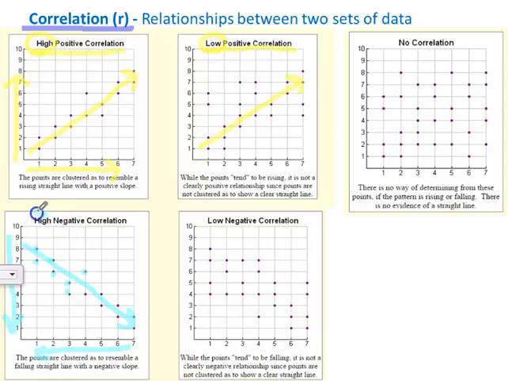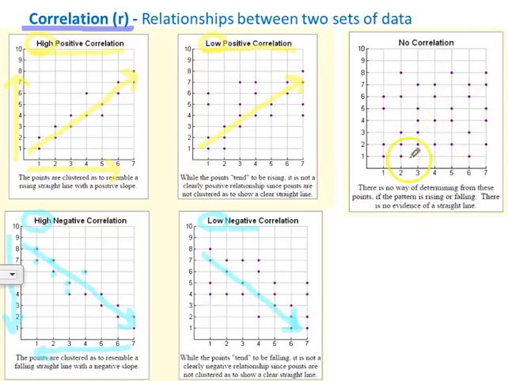Because they're tightly packed together, this would indicate a high negative correlation. Over here, when our points aren't as closely clustered, but they are still sloping downward, this shows a low negative correlation.